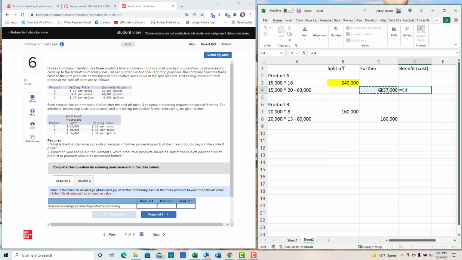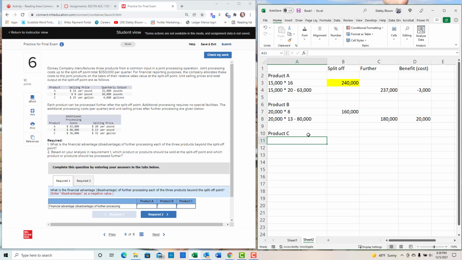So here I'm going to take 237,000, subtract 240,000. So what happens is, going from split-off to further processing hurts my revenue by 3,000. Here I'm going to take the further processing and subtract the sale at the split-off point, and we can see here that further processing benefits me by 20,000. Now let's do the same thing for product C and finish this problem.